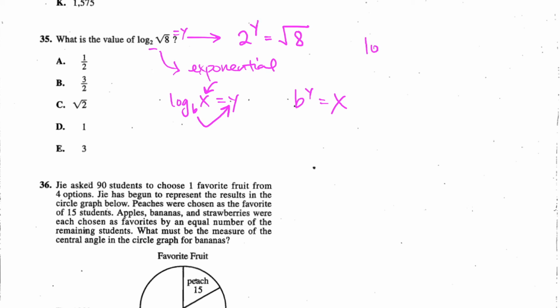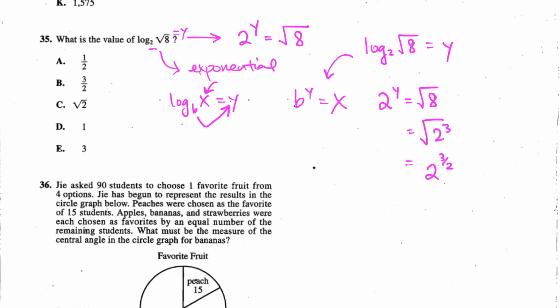So I set it equal to y, and then I rearranged it to look like the exponential form, 2 to the y equals root 8. And that is not as difficult to solve because the square root of 8 can be rewritten as the square root of 2 cubed, and that can be rewritten as 2 to the 3/2. And so y is 3/2.